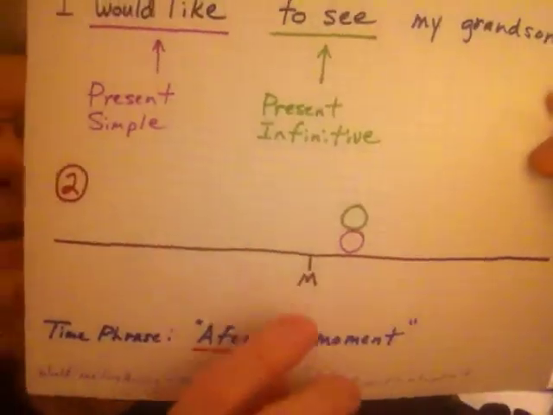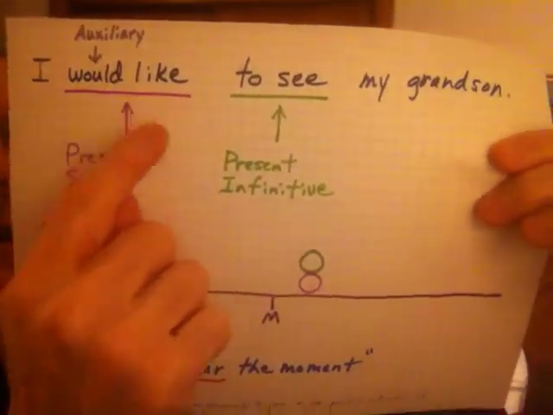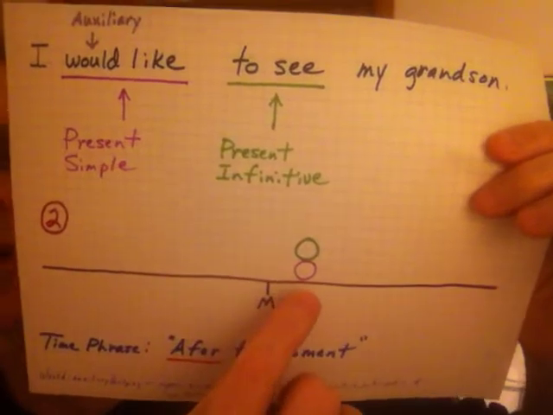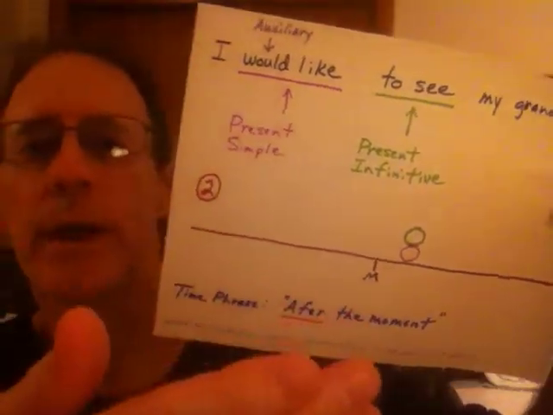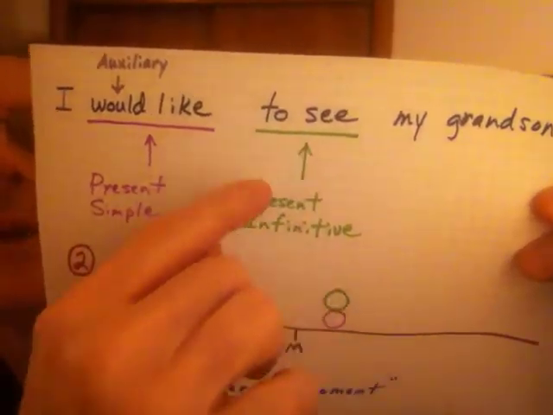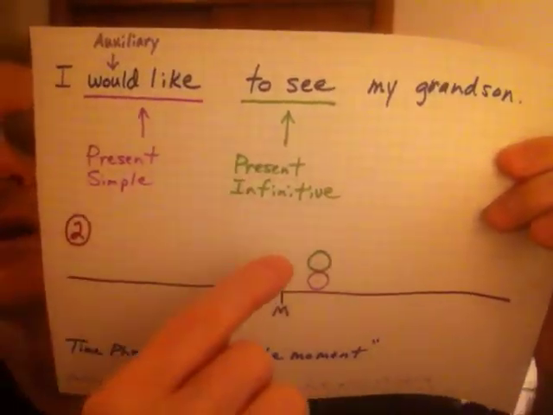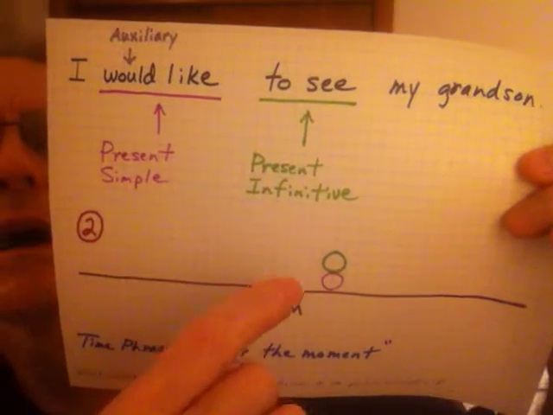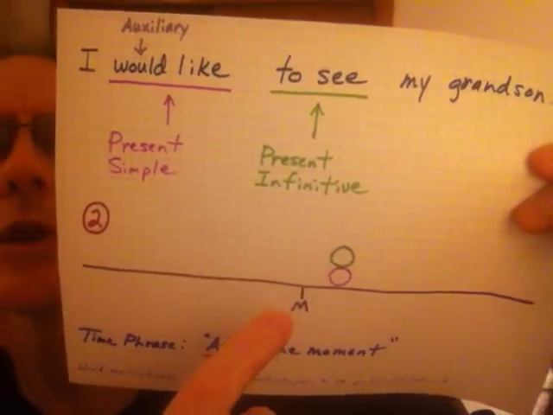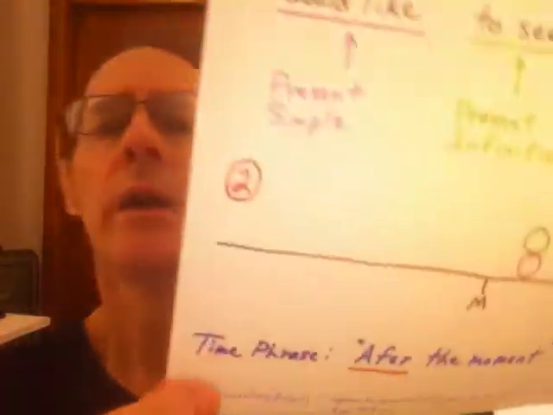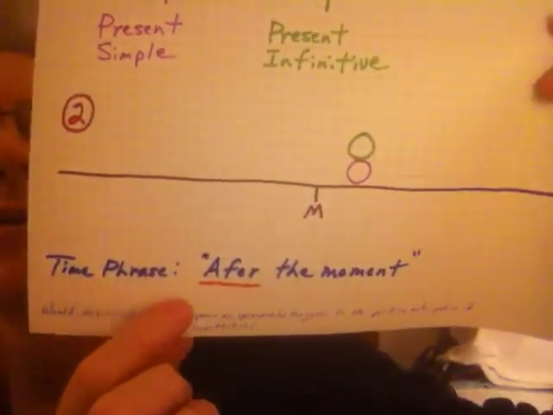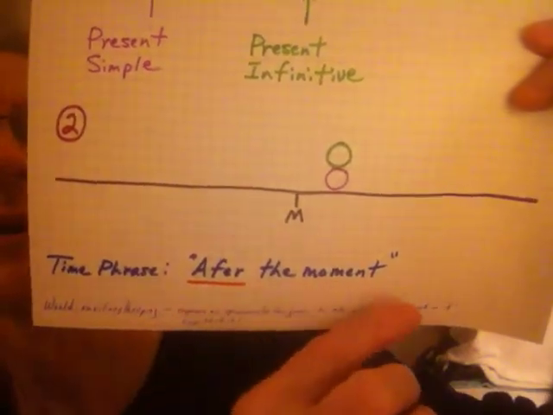Well, you see here on this timeline that I would like, okay, I would like would generally occur after the moment of speech, all right? Something anticipated. To see, the present infinitive, would occur basically after the moment of speech also. So you see your time phrase, in other words, your key words to help you remember this, your time phrase, as I call it, would be after the moment.